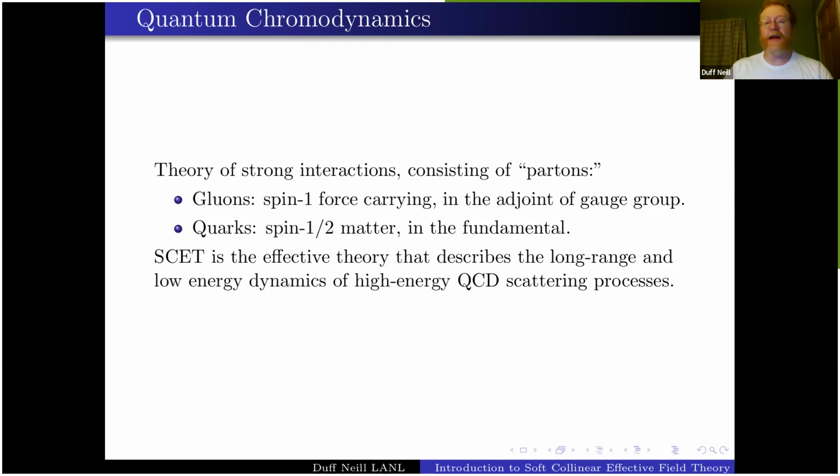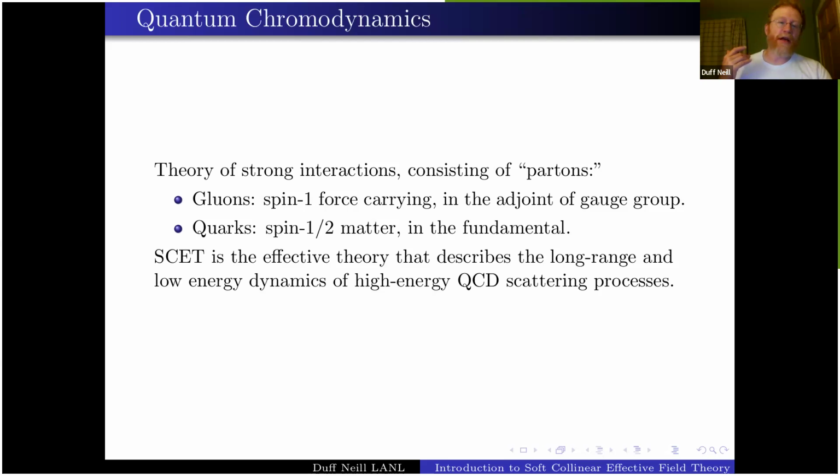SCET is a particular effective theory of QCD that describes the long range and low energy dynamics of high energy QCD scattering processes. What you'll run into when you calculate a high energy scattering process typically is that there are very many scales in your problem. One is whatever the hard interaction scale is, where your scattering process takes place.